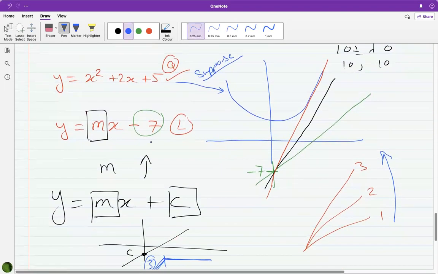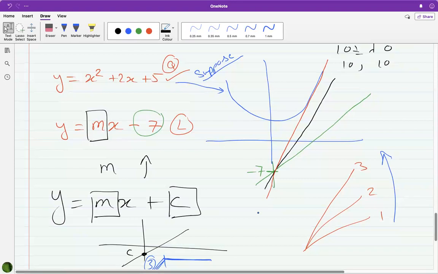So coming back to the main idea, we had an equation y equals x square plus 2x plus 5. And we suppose that this curve looks like this. Then a straight line. Because the value of m was unknown, we cannot actually draw it. But just to discuss, we laid a line in green, then in black, then in red. And we said that if the gradient is increasing, the line is becoming steeper.